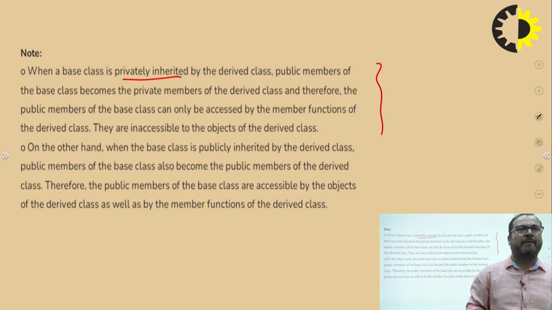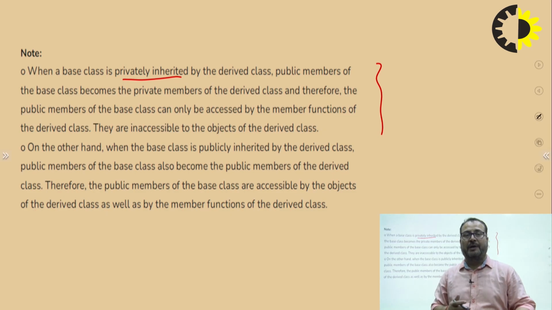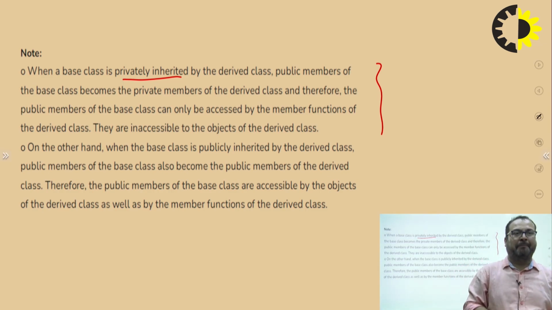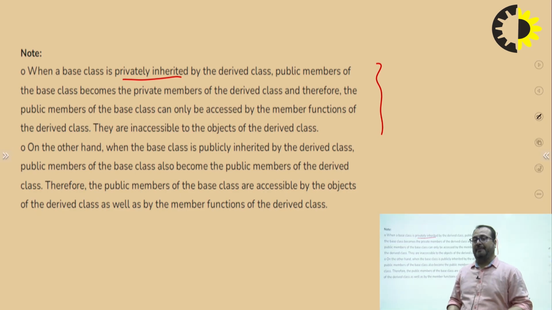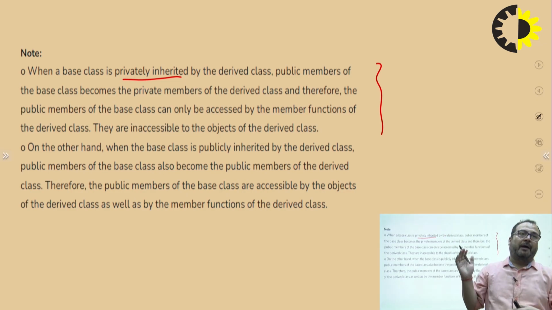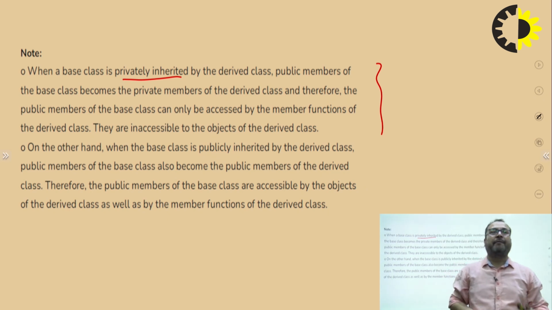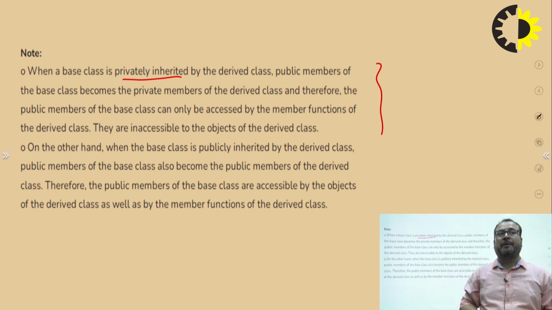Those all become private once you inherit the base class privately. Once they become private, they cannot be invoked, and even the functions which were in the public zone of the base class cannot be directly invoked because they become private. Only the member function could access them.